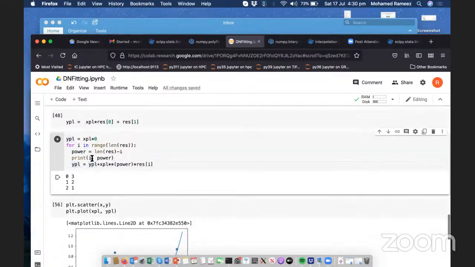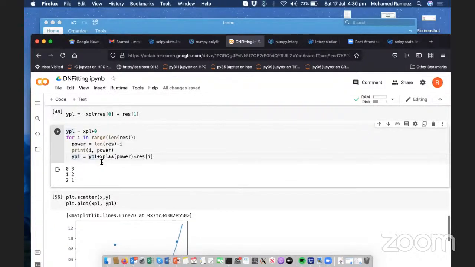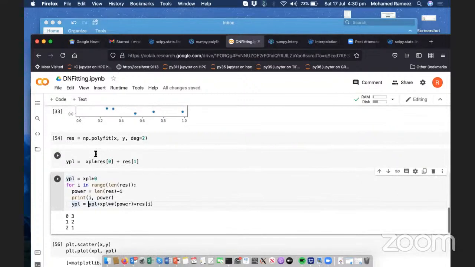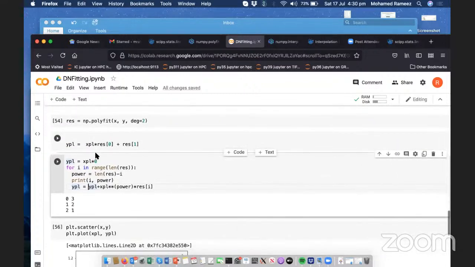So on my first loop, I am adding to it, but okay, so this is what I should do.